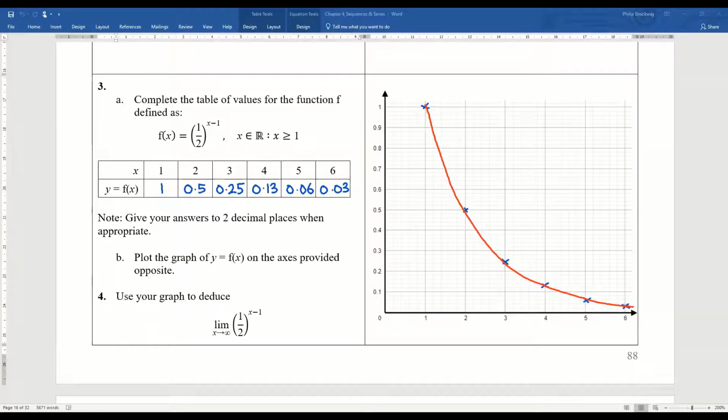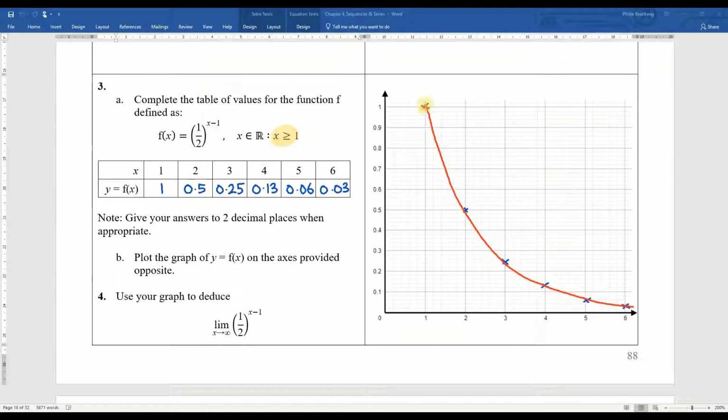So for questions 3 and 4, I've just filled in the table for you and I've plotted the graph as well. Just a few things to note here. The function, which is very similar, obviously, is the continuous extension of the sequence you've just found in question 2. But this function is only defined for x greater than or equal to 1.